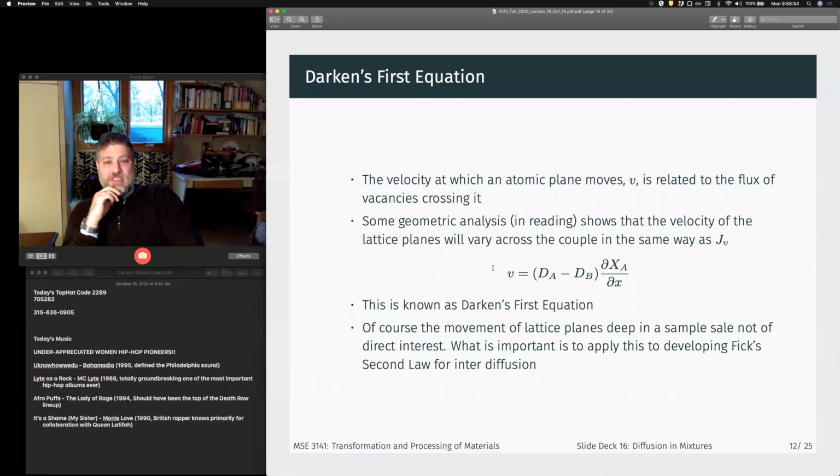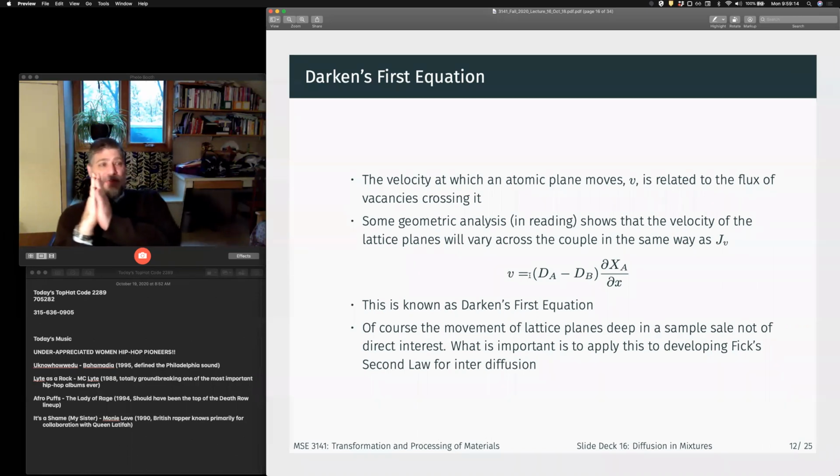So we get this expression for the velocity of lattice planes, and this is what's known as Darken's first equation. And this comes from the fact that the velocity at which the atomic plane moves is going to be related to the flux of vacancies crossing it.